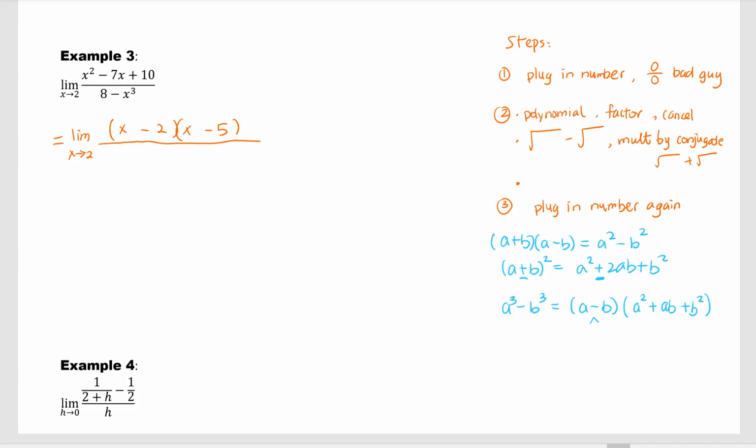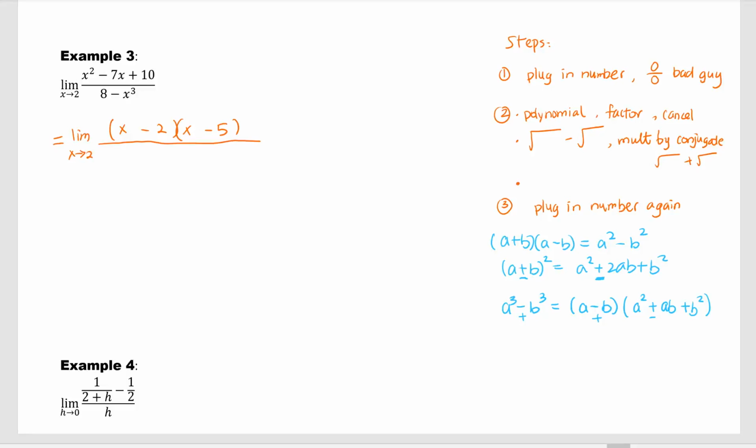If this one is plus, what do you do? Well, this one becomes plus and this one becomes minus. For these algebra formulas, I hope that you can memorize them. For Calculus 1 and Calculus 2, no formula sheets are allowed in the exams. So all these formulas, I hope that you are familiar with them.